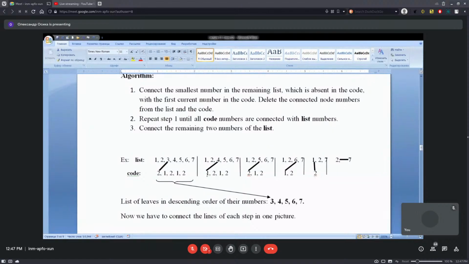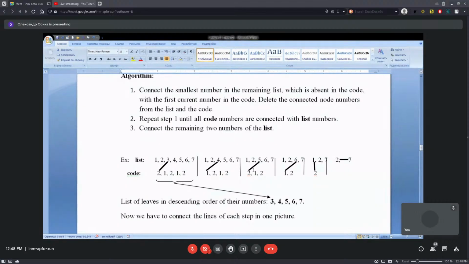Okay. Now, after we deleted them and connected them, we are left with a list of nodes 1, 2, 5, 6, 7, and the code 2, 1, 2. Now we are searching for the smallest number in the list which is absent in the code. It is 5.